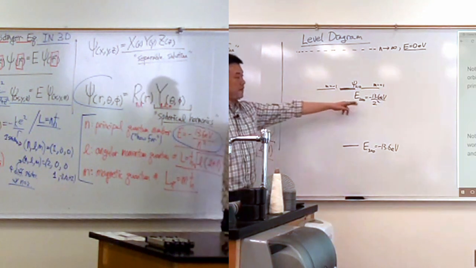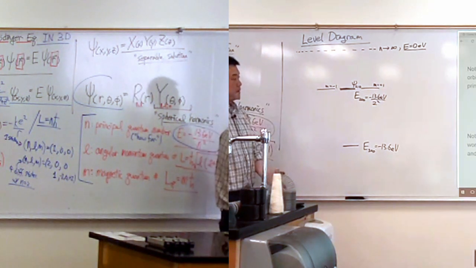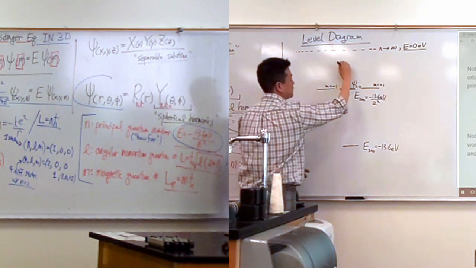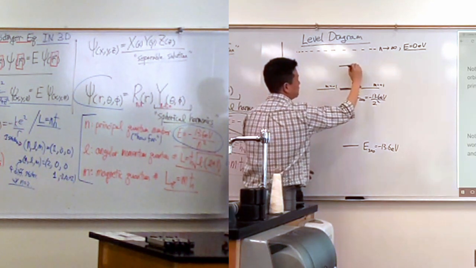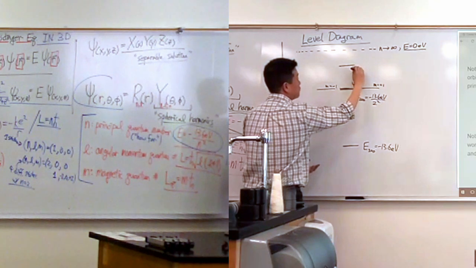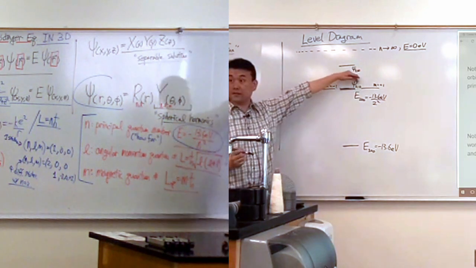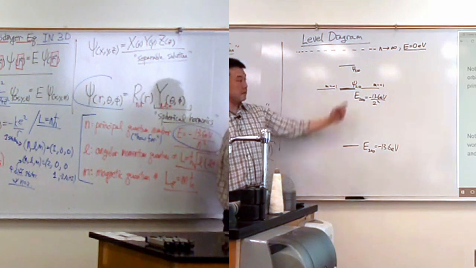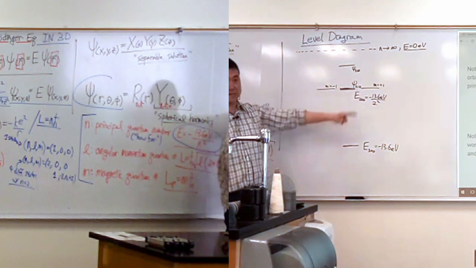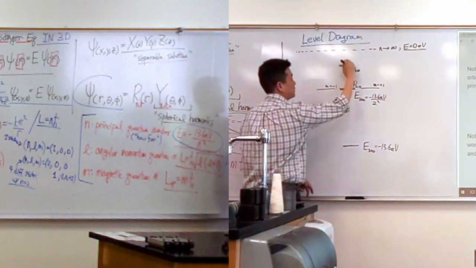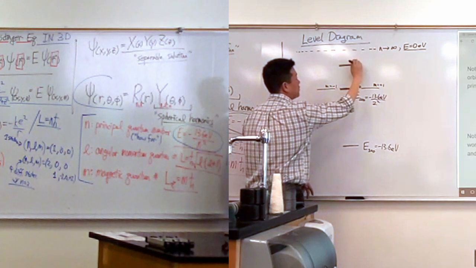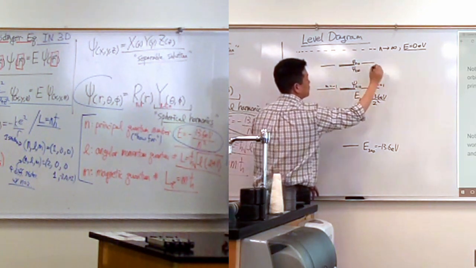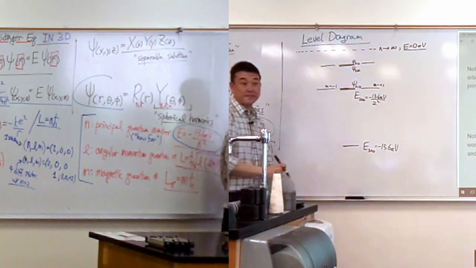The next level is n equals 3. So I have psi 300, that's still a possibility. You can have zero angular momentum. And L equals 1 is still a possibility, so psi 310, and then these two different projections on either side.